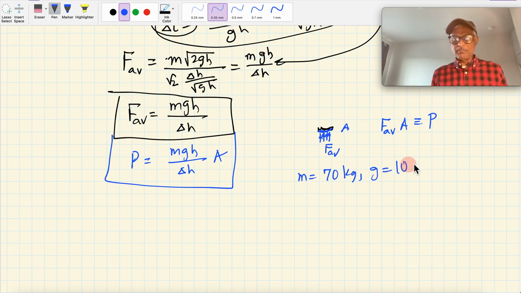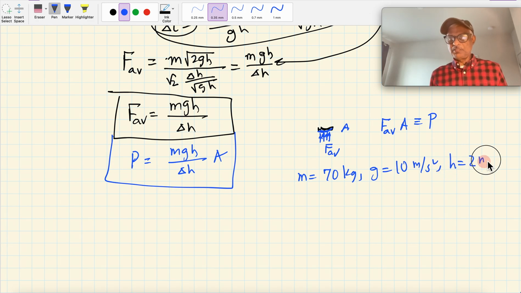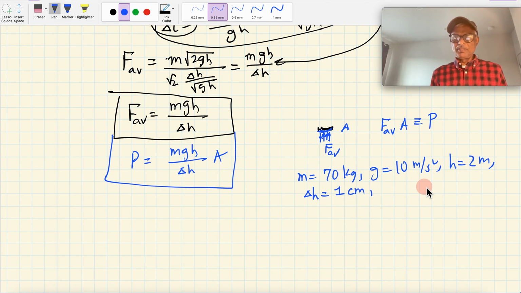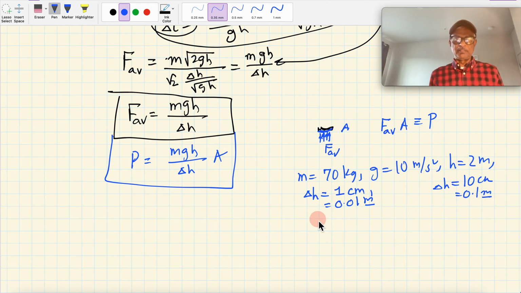G is 10 meter per second square, and H was 2 meter. Delta H was 1 centimeter when it's stiff, and another case was 10 centimeters. So we need to convert that in meter, 0.01 meter and this is 0.1 meter.